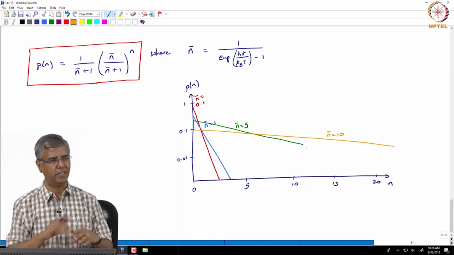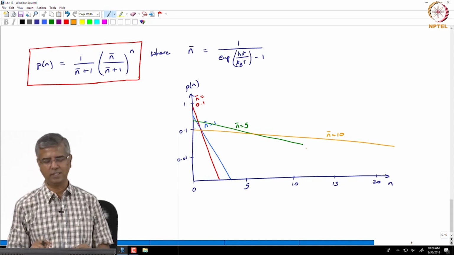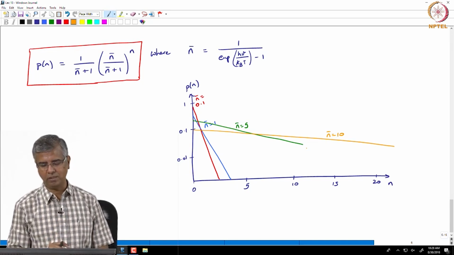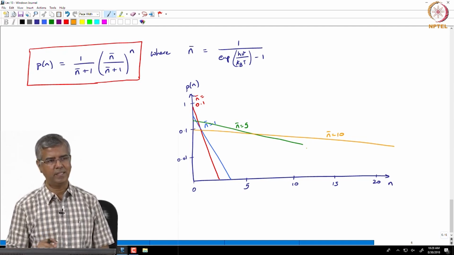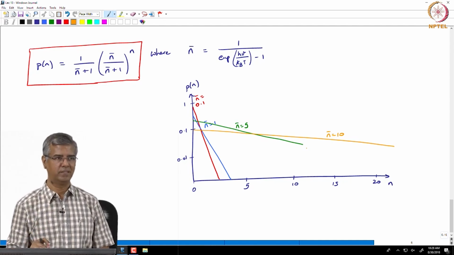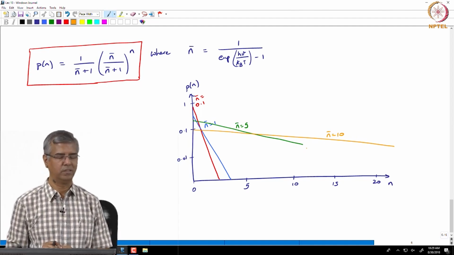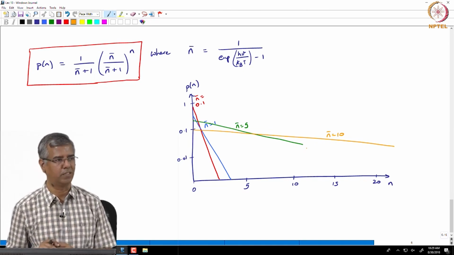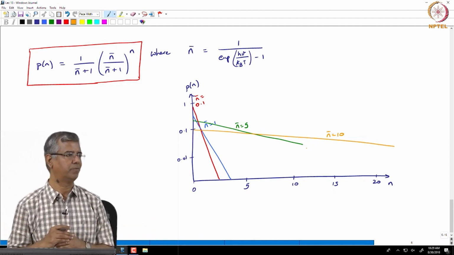But here it is quite flat, which means that even though we have n bar equal to 10, there is a probability that you will find 0 photons emitted within a particular time slot. That probability is even higher than finding 10 photons emitted. So it is like a completely random sort of emission.